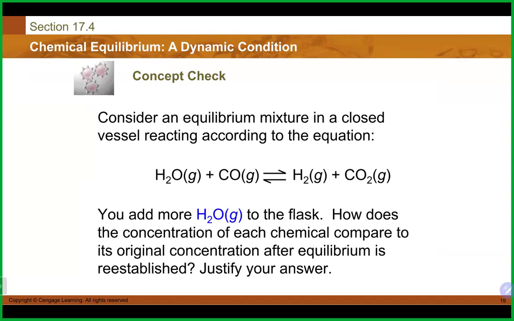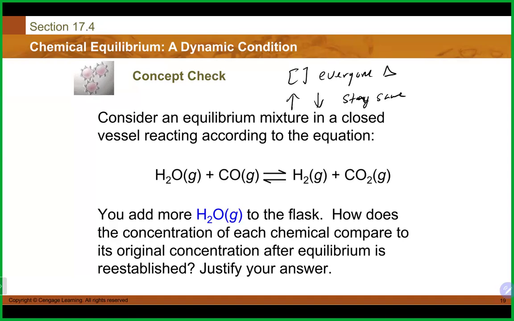If we were to add more water, take a moment and think about how the concentration of everyone changes. Does it increase? Does it decrease? Does it stay the same? Think about what's going to happen when you add that water, and how that's going to affect everybody's concentrations.